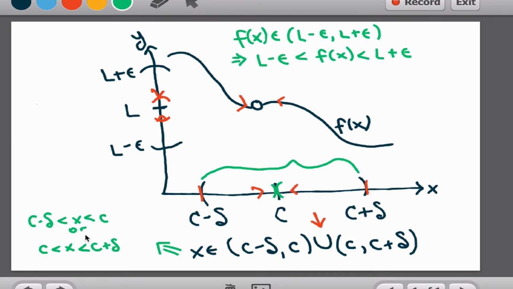That's what I've written over here. x can be between c minus delta and c, or x could be between c and c plus delta. If it's on the left-hand side, then x will be bigger than c minus delta and smaller than c. If it's on the right-hand side, then x would be bigger than c and less than c plus delta.